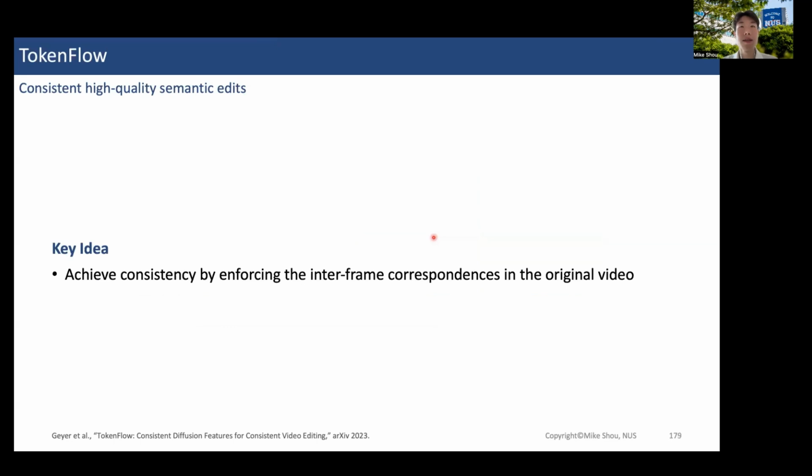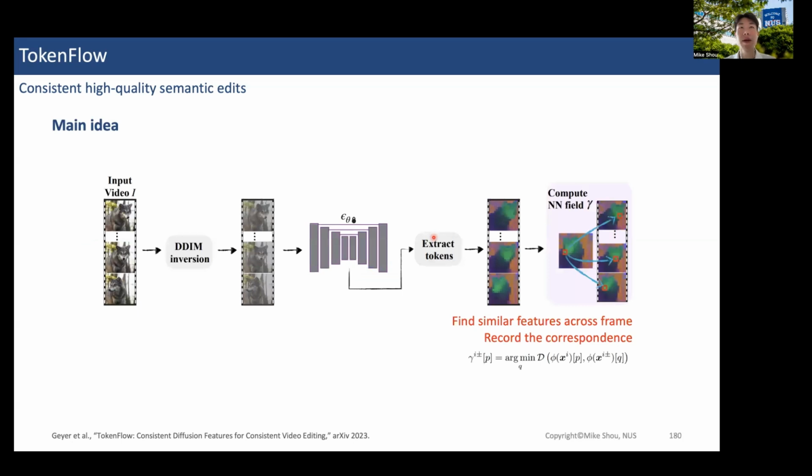The main idea they introduced is to enforce the so-called inter-frame correspondence. Basically, from the original input video to be edited, they find the correspondence across frames, and then they try to enforce such correspondence in the final edited video. Technically, for this dog, for example the left eye, we can find its correspondence, the same semantic point, the same semantic part in other frames.